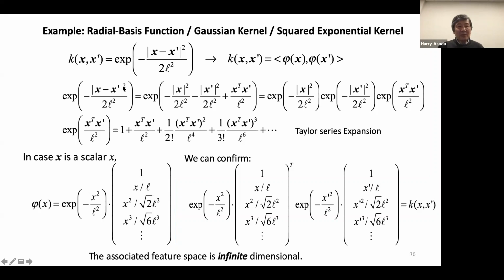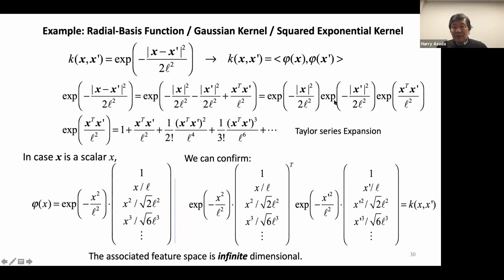So first, let's expand this. Inside here, we have x transpose x, which comes in here, and x' transpose x', which comes in here. So at least two terms come out. But as you expand this, we have the cross term x transpose times x', right? Now this is an exponential, so we can divide it into these three products: the exponential of this, the exponential of that, and the cross term sitting here.